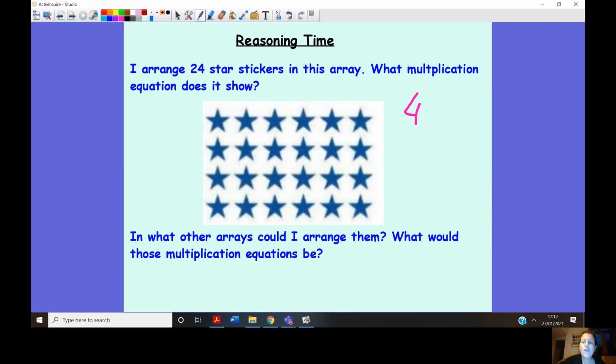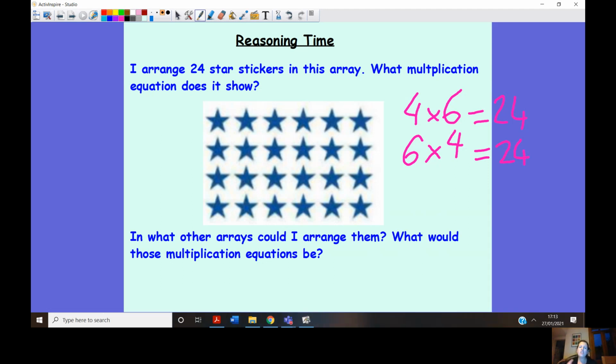So it shows I've got 4 groups of 6. Therefore, because I know how it works with an array and I know commutativity, I know it also shows 6 times 4. I know my product of these two is 24.